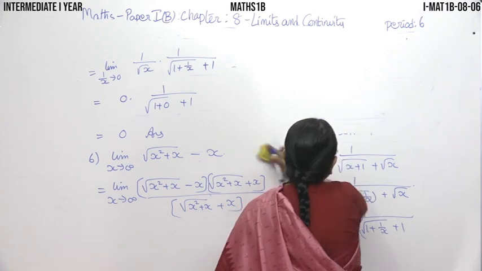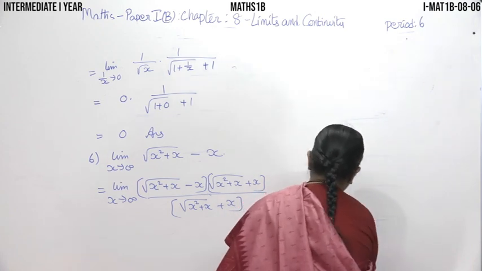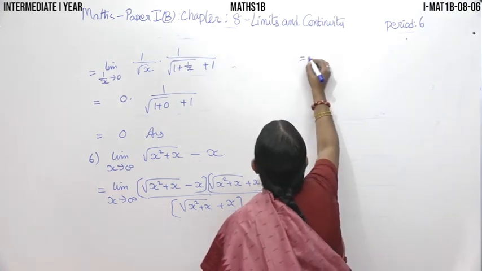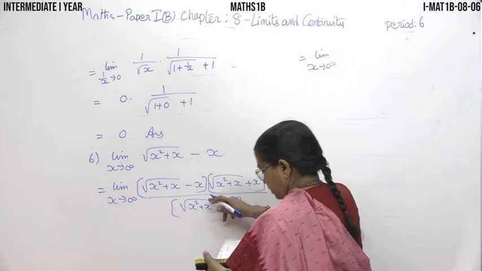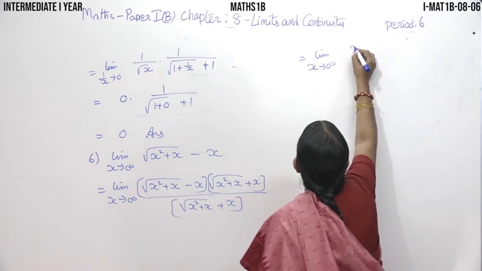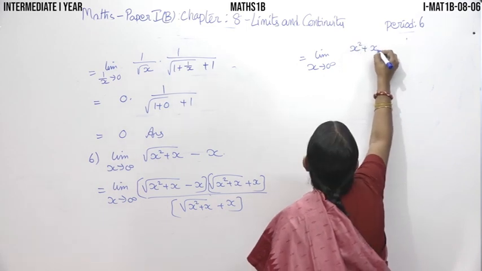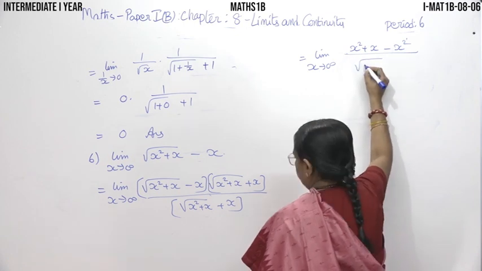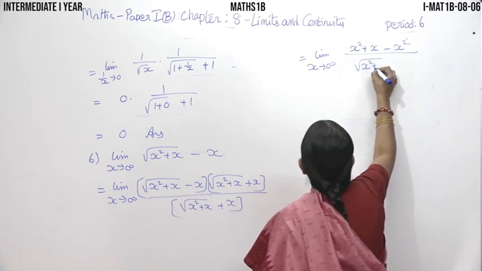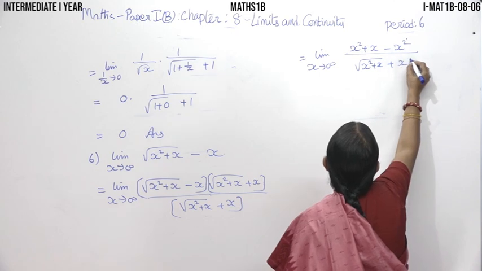Is equal to limit x tending to infinity of a minus b into a plus b. A square minus b square means x square plus x minus x square by root of x square plus x plus x.